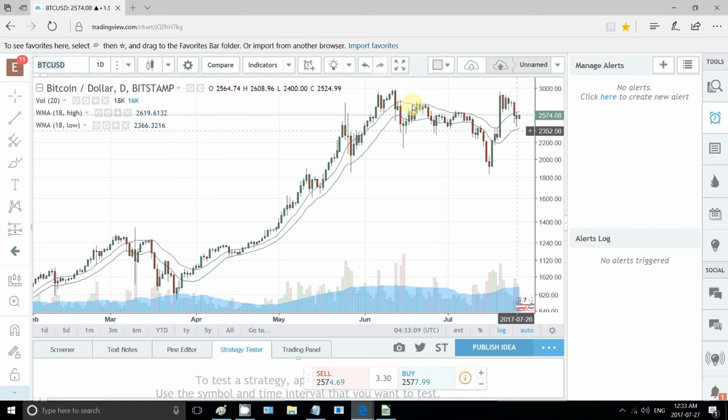That's the exact number that I was talking about. It's now rallied up to 2574. So the rally isn't that much. Yes, it's 177 basis points, but we already know 6% moves are very, very small within this market. And it's also found support within this 18 average.